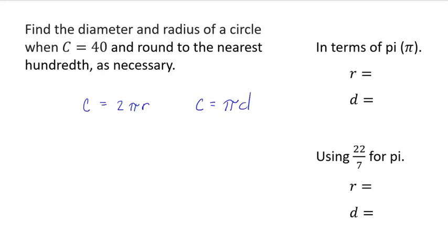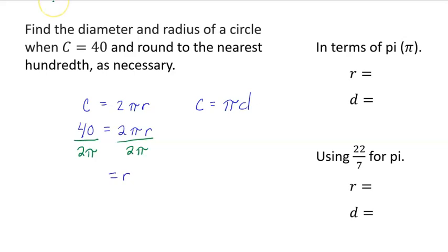And from here, that means that I would replace c with 40. And then to get r by itself, I'm going to divide by 2 pi.